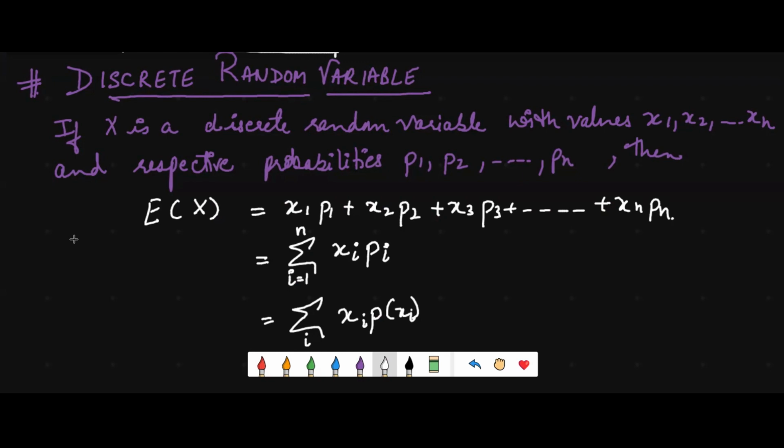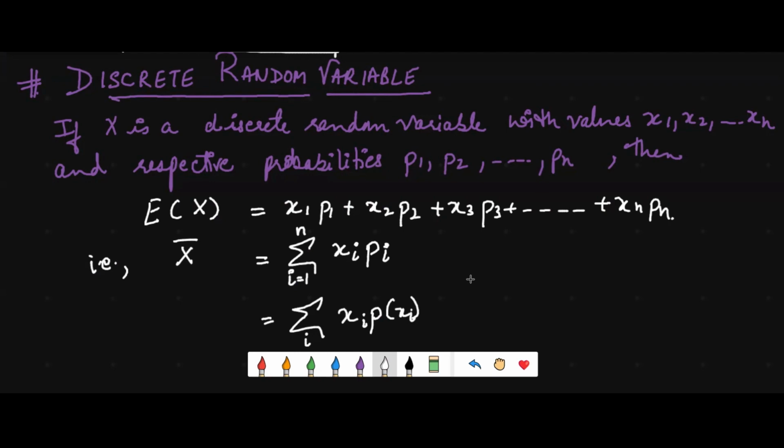As I have just explained, the expectation of x is also referred to as x bar. So you can also see somewhere that this can also be written like this. So these are the different notations and the formula for a discrete random variable.